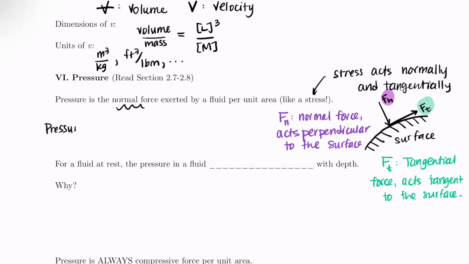So pressure is equal to our normal force divided by area, or Fn over A. Okay?